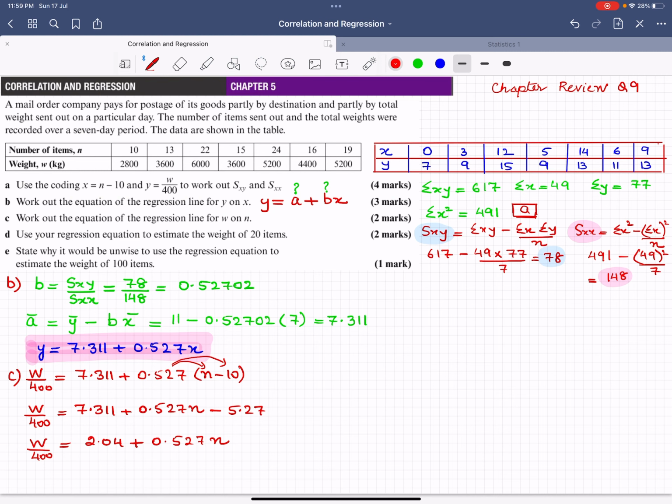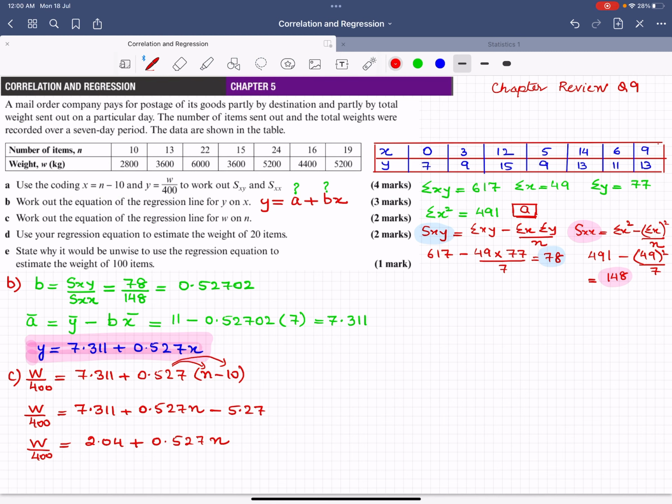In the next step, what we will do is we will take the 400 and multiply it onto the right hand side. We know that when a factor which is in the division goes to the other side, it becomes multiplication.